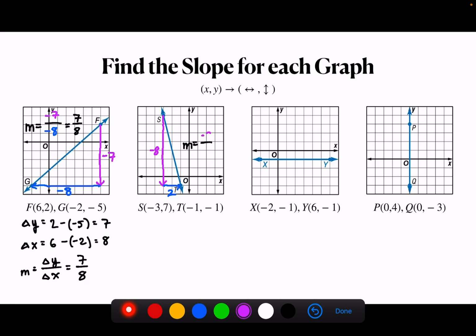And so we have negative 8 and we have positive 2. And when we simplify this, this simplifies to negative 4. And what this tells us is that we are moving downwards from left to right. And for every 4 units we go down, we go 1 over 1 time.